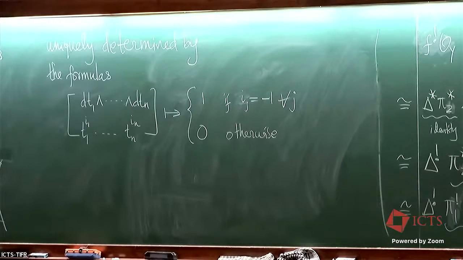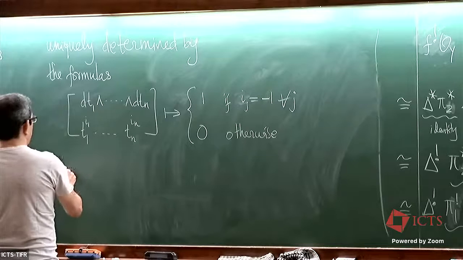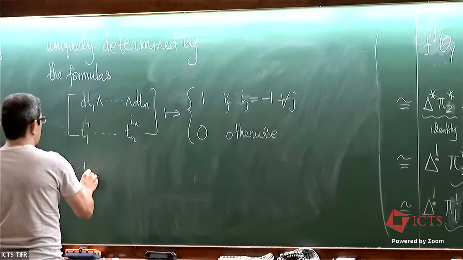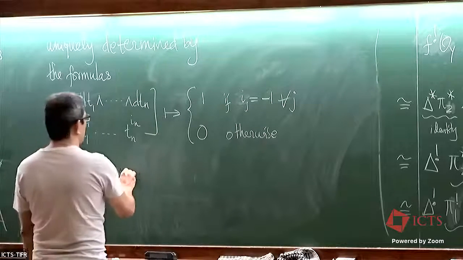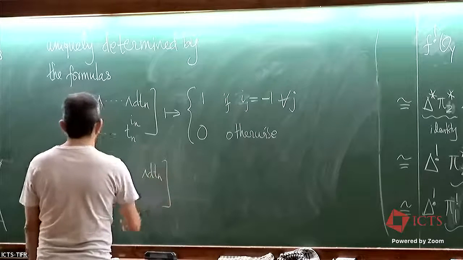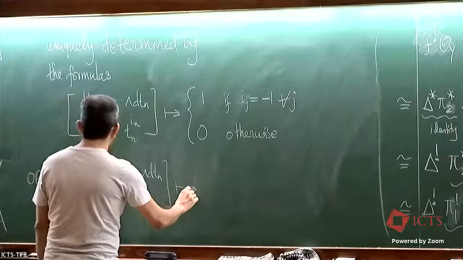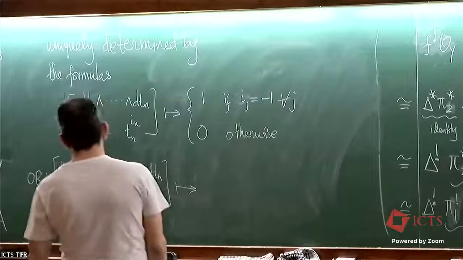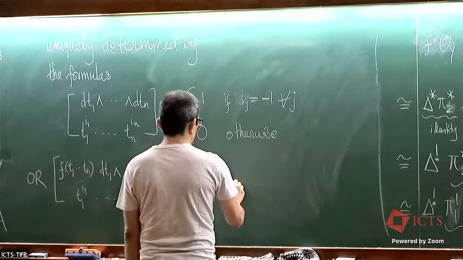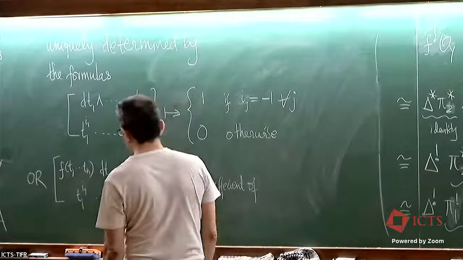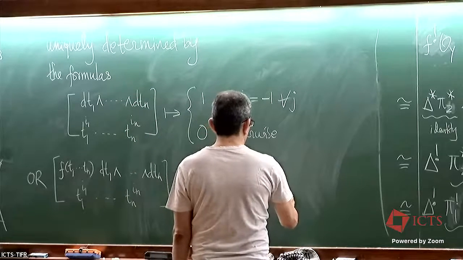And if you don't like the fact that I'm implicitly using those rules, then you can just say that f(t_1, ..., t_n), this power series, times dt_1 wedge ... wedge dt_n over t_1 to the power i_1, ..., t_n to the power i_n, you can figure out where it should go by simply looking at the coefficient of, I guess maybe I'll make a mistake there.